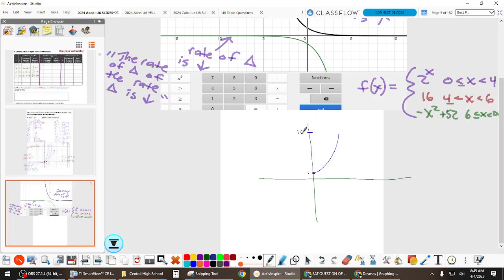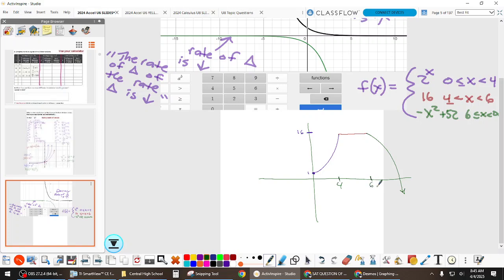Okay, and then the red one, it would pick up from there and go over, just as a flat line at 16. And then the green one would take off down like that from there. And then these tell you where those functions exist. So like this would be a 4, this would be a 6, and then forever after that.